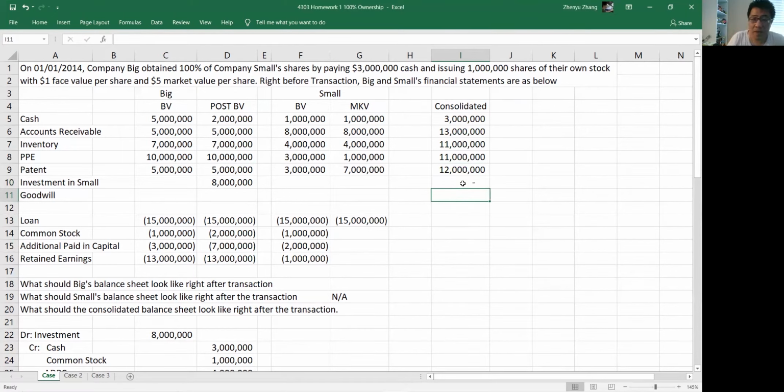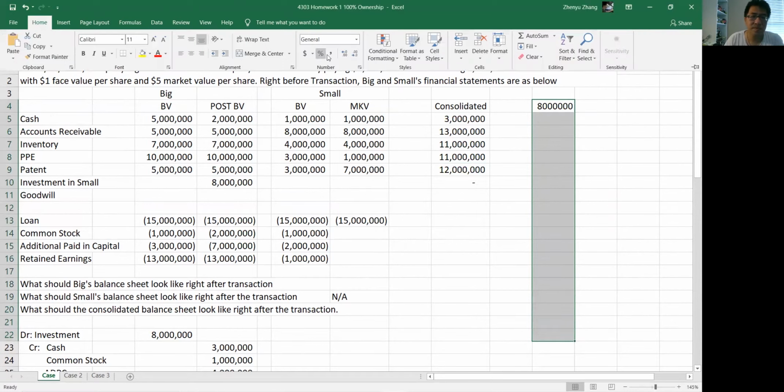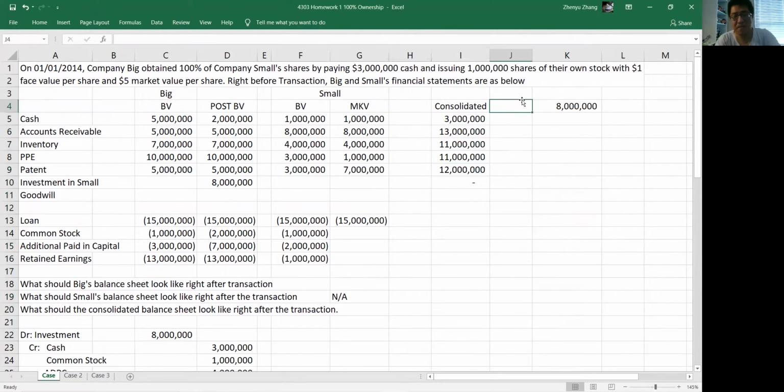And goodwill. Goodwill, we will need to figure it out, right? How to figure out goodwill? Let's do the calculation. So we know that essentially it is like $8 million. Remember that? We said Big paid $8 million.